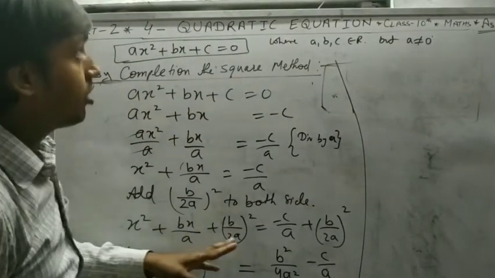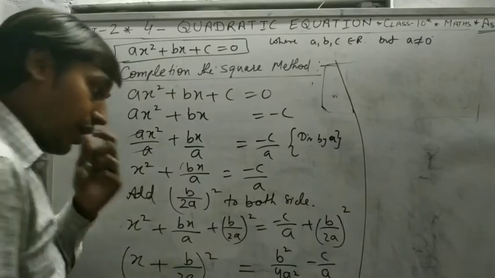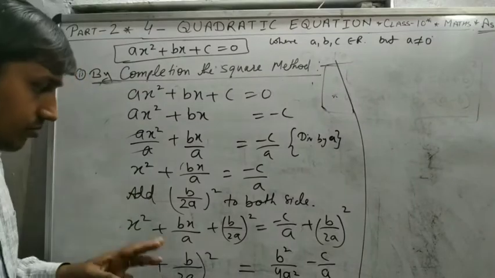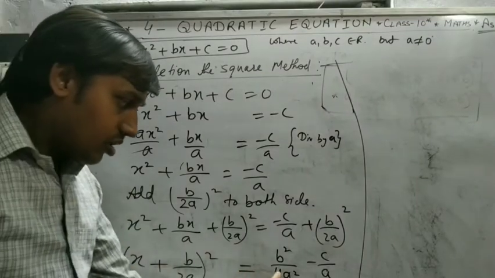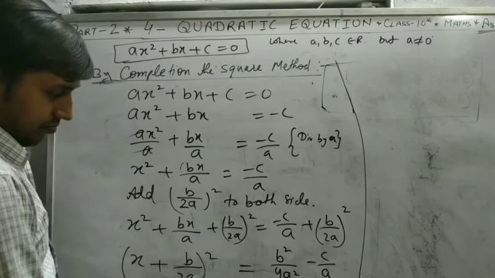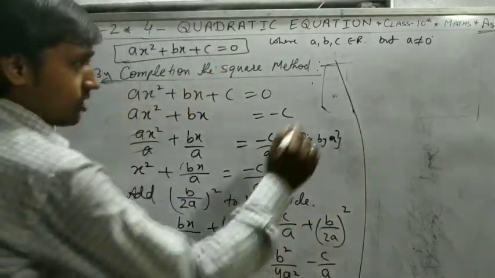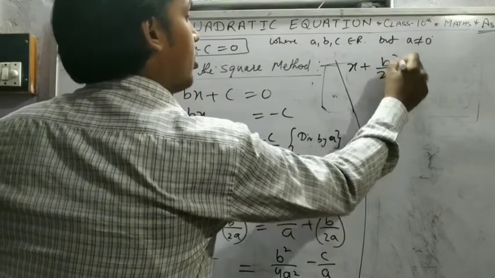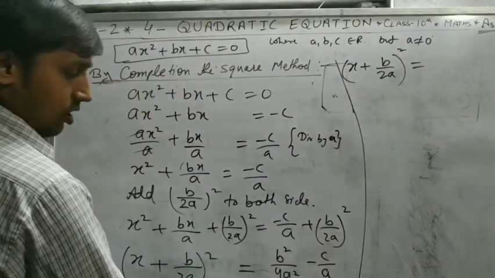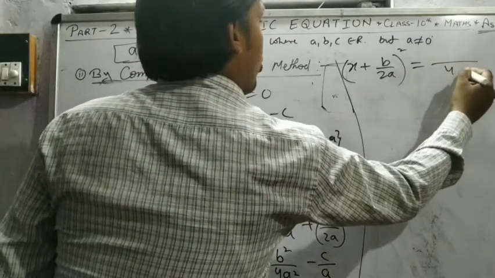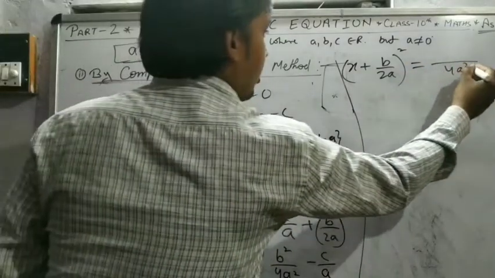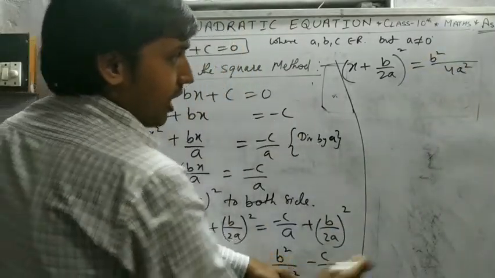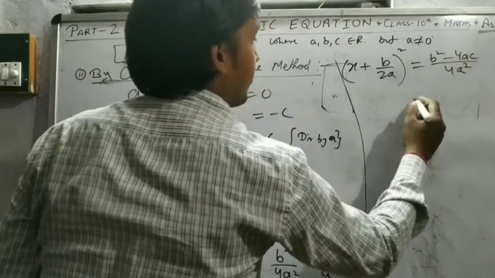So before this, firstly we solve them by taking the LCM. Then, note down, (x plus b upon 2a) whole square equals, and this 4a square LCM, a square cancel, that is b square, a cancels to 4a remaining, that is minus 4ac.